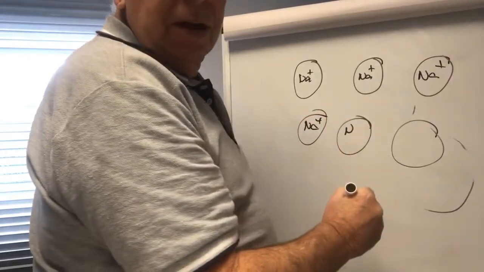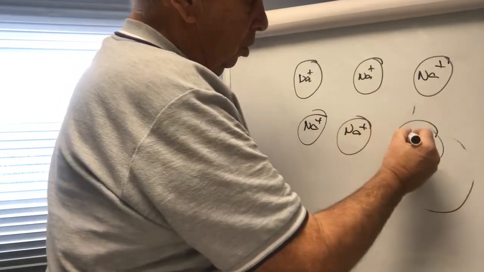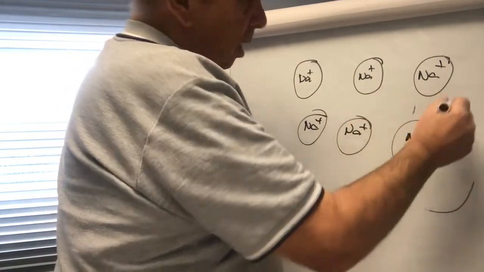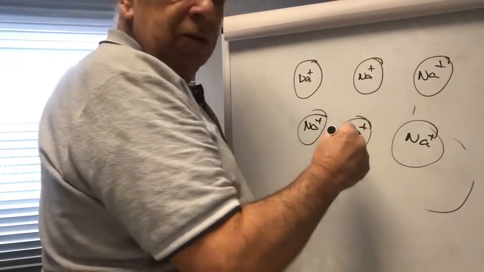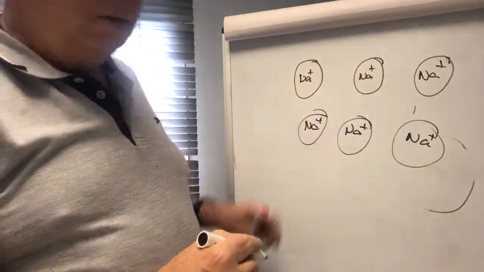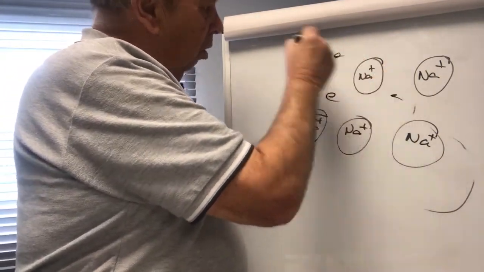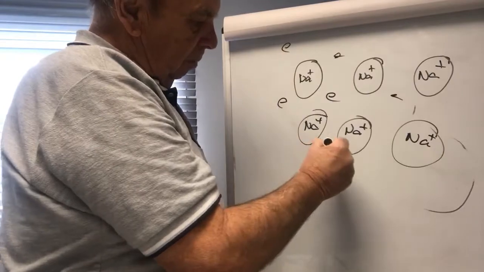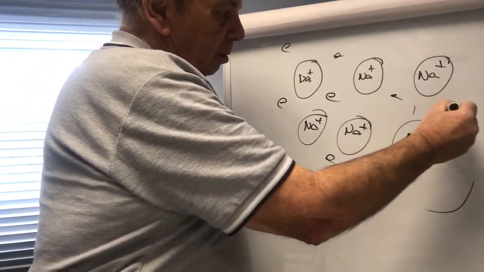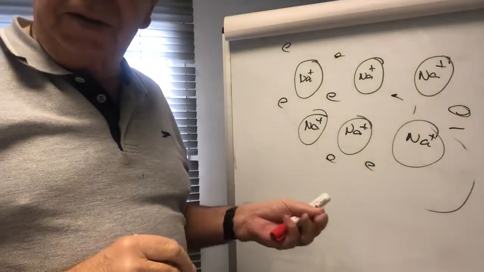It could be copper, anything else, sodium ions, and between those sodium ions there's electrons which are free to move. And in copper it would be the same.